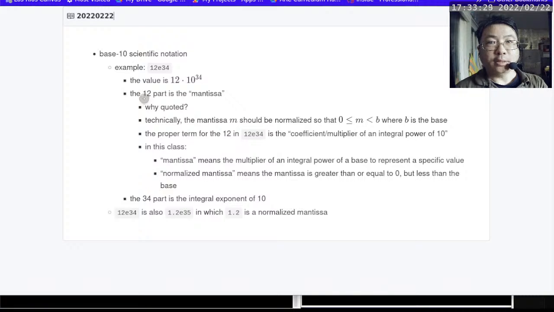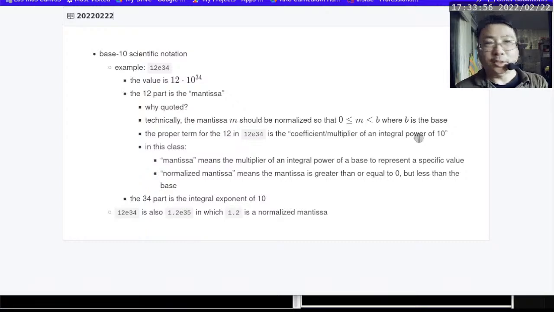If you ask a math professor what the term is for this 12 here, in 12 times 10 to the power of 34, your professor is likely to say there is no actual specific term for it. You can call it the multiplier of an integral power of 10, which is very descriptive, right? But it's really long, and that's why I don't want to refer to it as the multiplier of an integral power of 10.